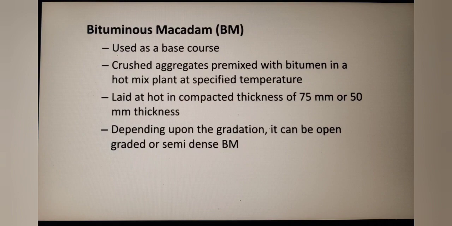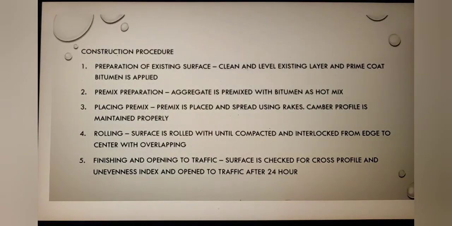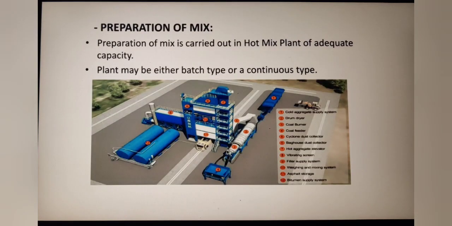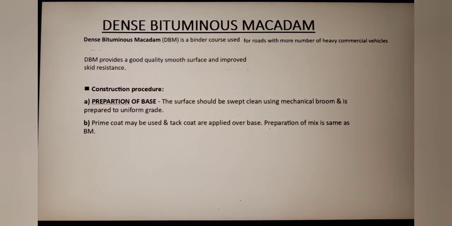The procedure for bituminous macadam and the third method, that is dense bituminous macadam, is almost the same. First step is the preparation of the mix. The mix is prepared in a hot mix plant for the bituminous macadam.